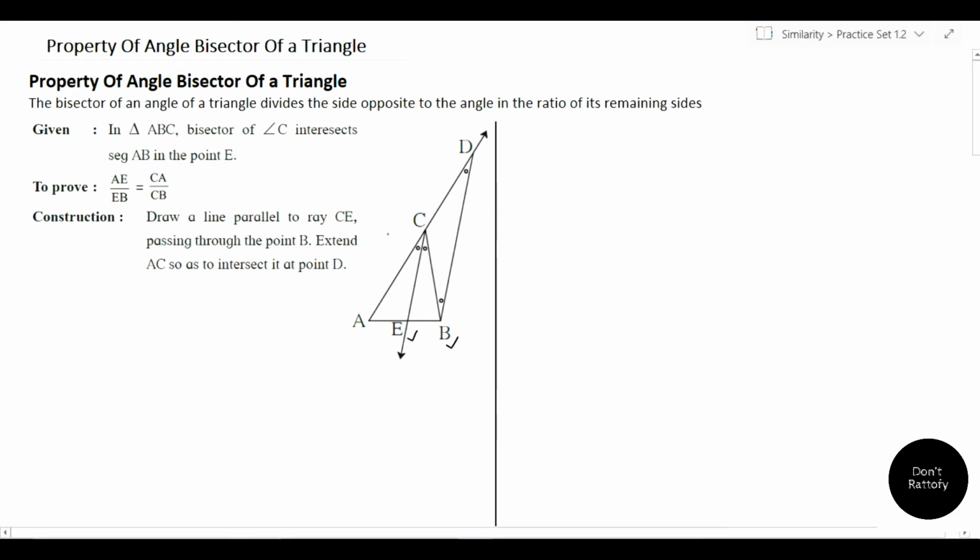And I have to extend AC such that it intersects this line from B at point D. This is my construction. It is very simple. I'll repeat it for you. I have to draw a line parallel to CE from B, and I have to extend AC such that it intersects the line from B at point D. So this is all the construction is about.